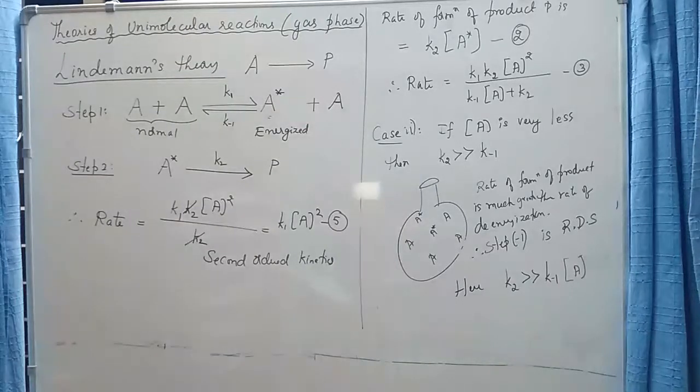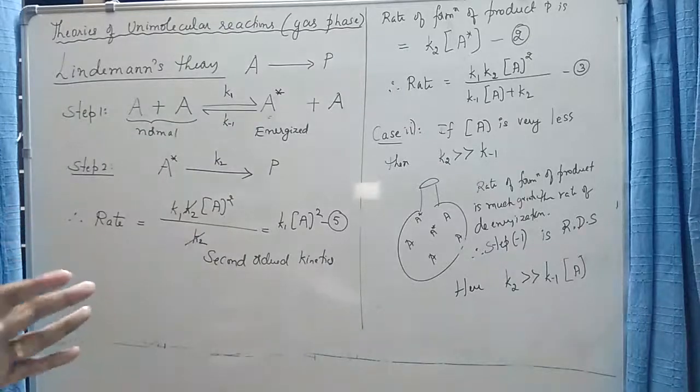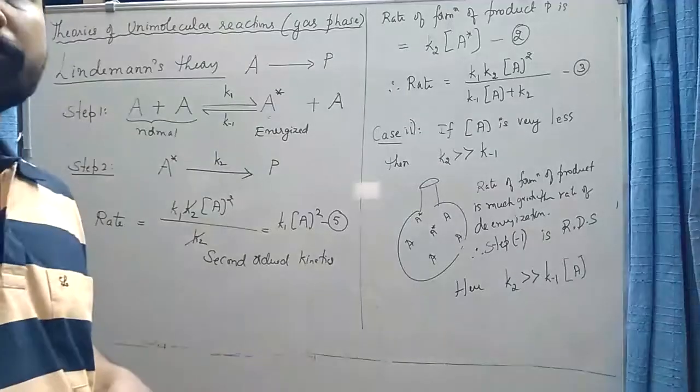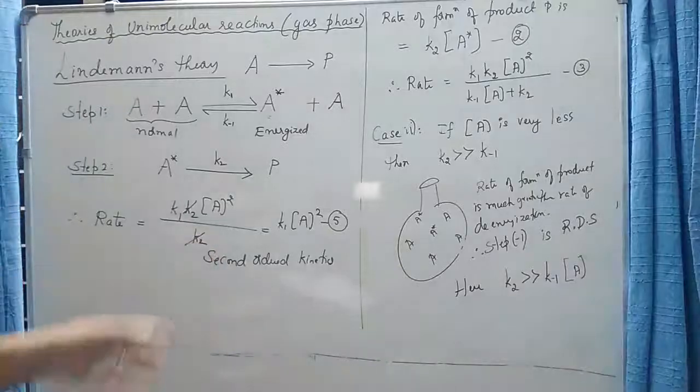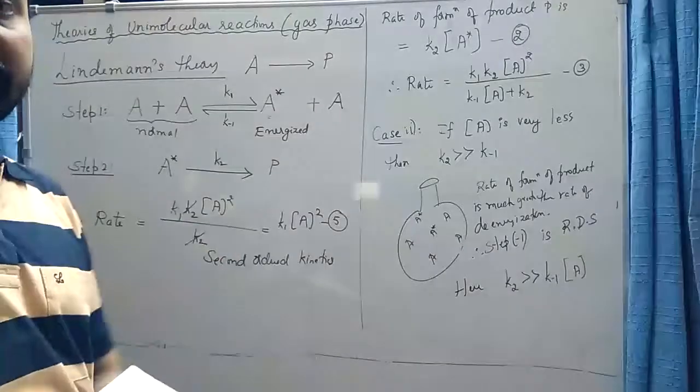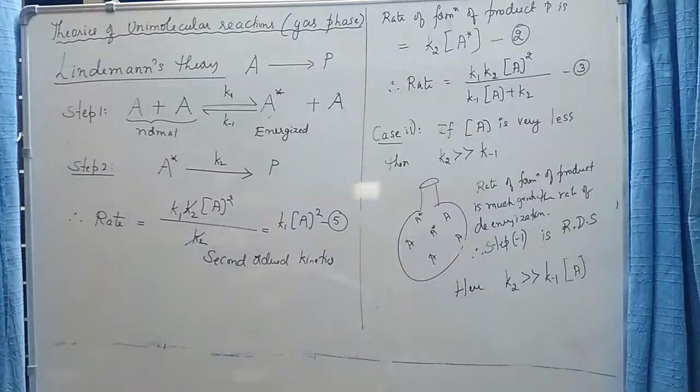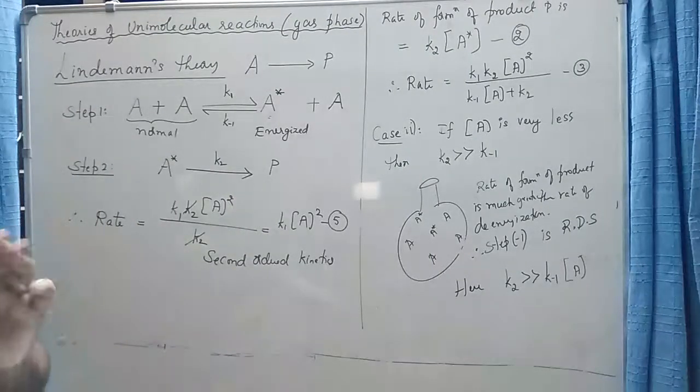And here we see how this concentration term affects the order of the reaction. At much higher concentration it follows first order kinetics, and at much lower concentration it follows second order kinetics. And what about the intermediate concentration? At the intermediate concentration the order is somewhere between 1 and 2.